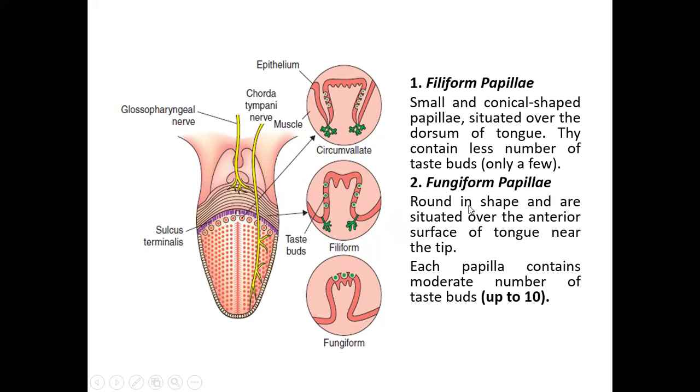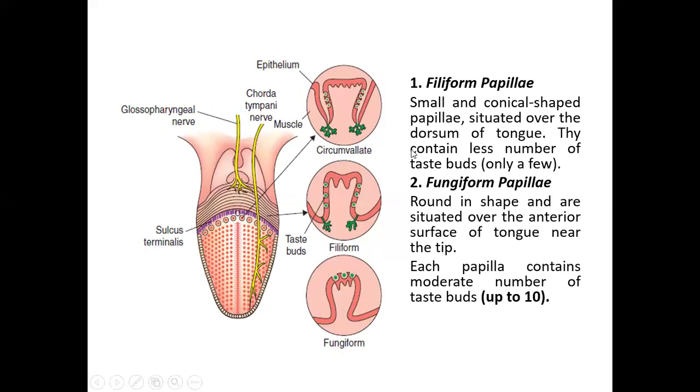They are round in shape and are spread over the anterior surface of the tongue near the tip, the one people like using for kissing. That's where they are found, okay? Each papilla contains a moderate number of taste buds, about 10, okay? This is an image showing the fungiform papillae. If you look at the tip there, that's where there are about 10 taste buds, okay?